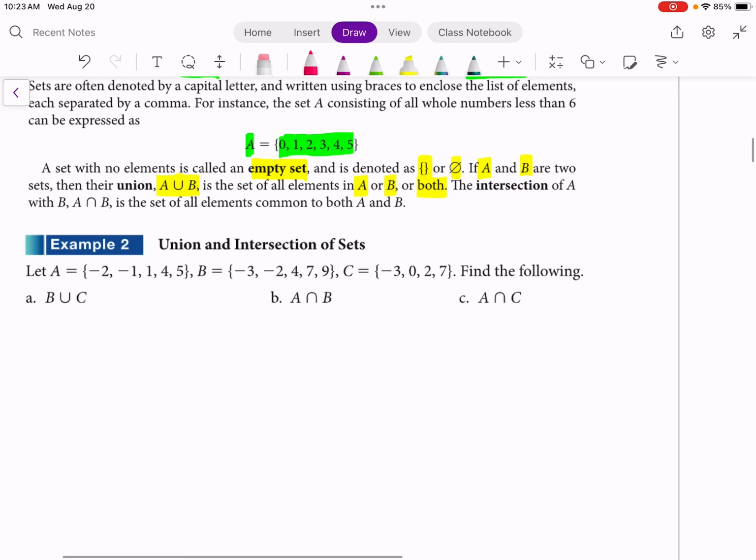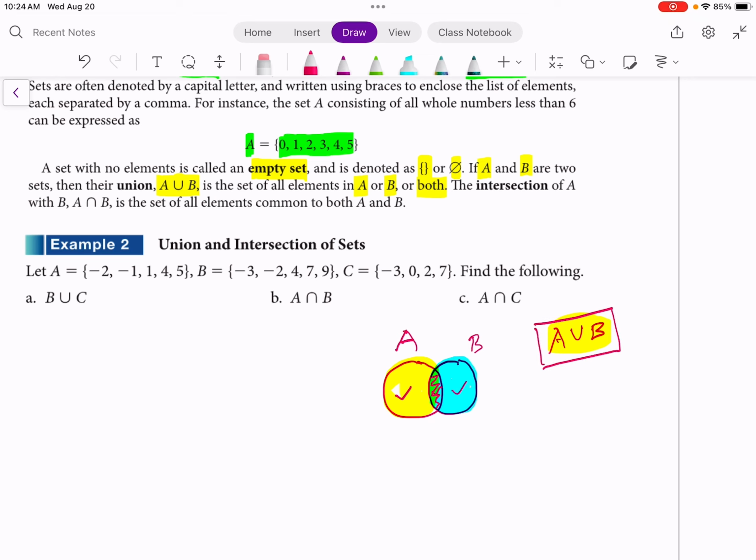Here, for example, let me use this circle to denote set A, which has some elements, and this second circle is set B. Now A union B is a new set, and it consists of all the elements from set A, or all elements from set B, or elements which are in both A and B. So this yellow region, the common region, and the blue region together are our A union B. It consists of every element from set A or set B or both. That is the union of our two sets.